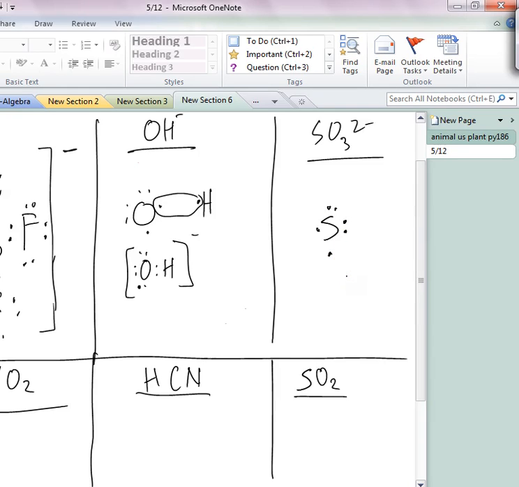SO3, 2 minus. You can also do SO4, 2 minus. It's sulfite, so SO3 is fine.